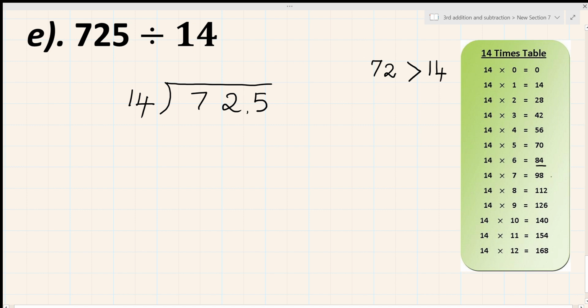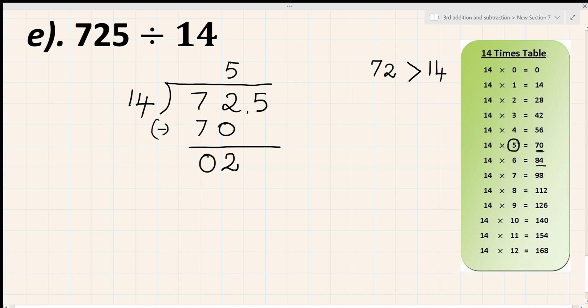So we are going to take 70. The fifth time, we are getting 70. So write 5 in the quotient, 70 below the number. Now subtract these numbers. 2 minus 0, 2. 7 minus 7, it is 0.